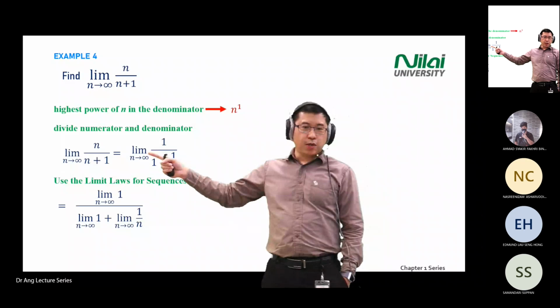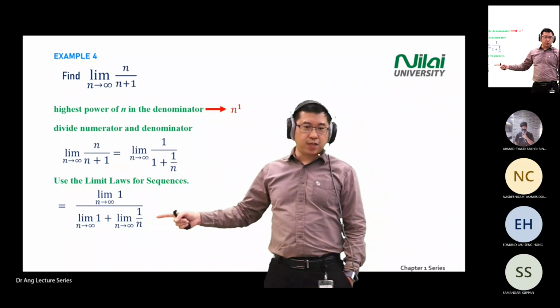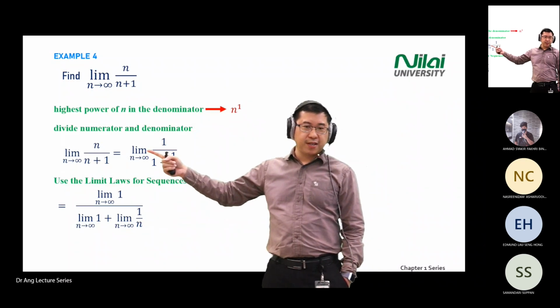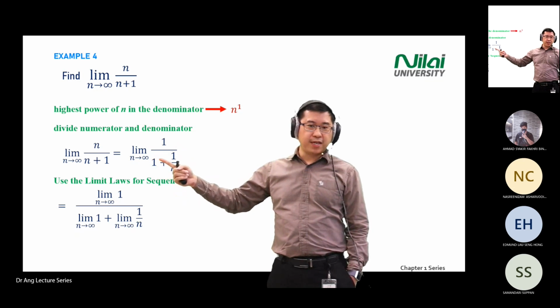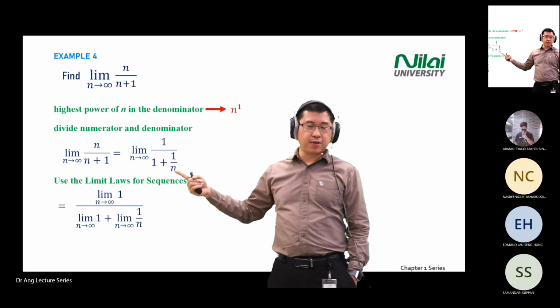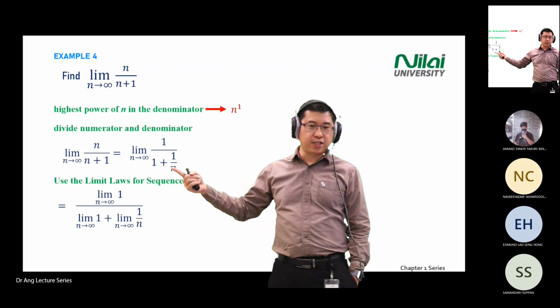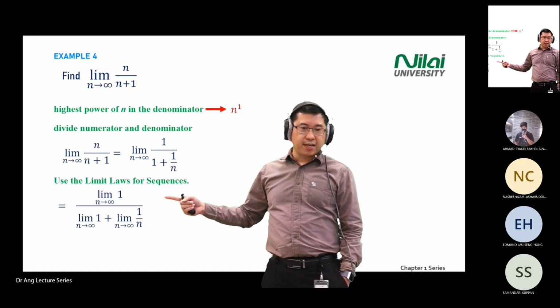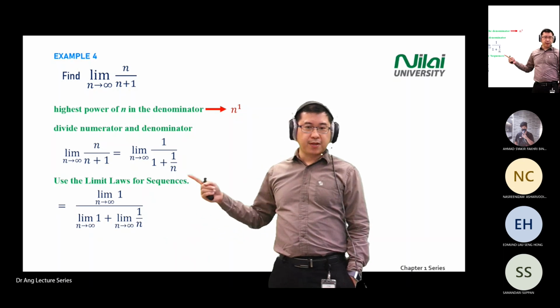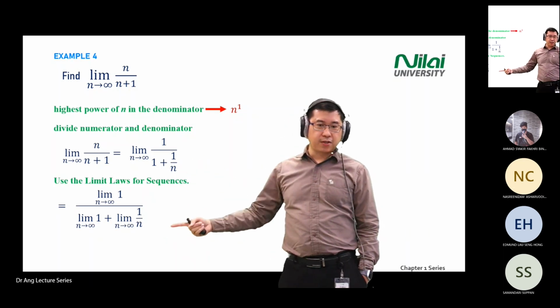So how you write this one into this one is that you import your limit to the top, limit to this one. This one is actually 1 plus this one, but you know that you have an addition, so you can break them into limit 1 plus limit 1 over n. So you write this one to this one.